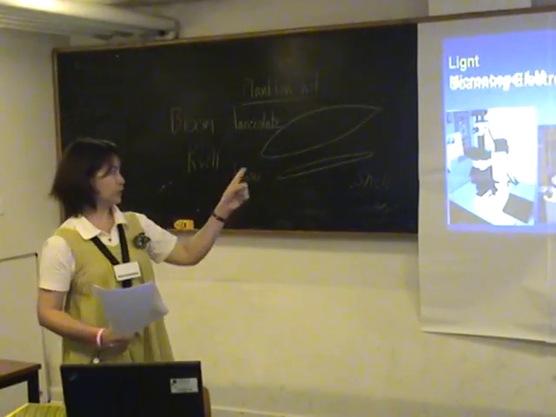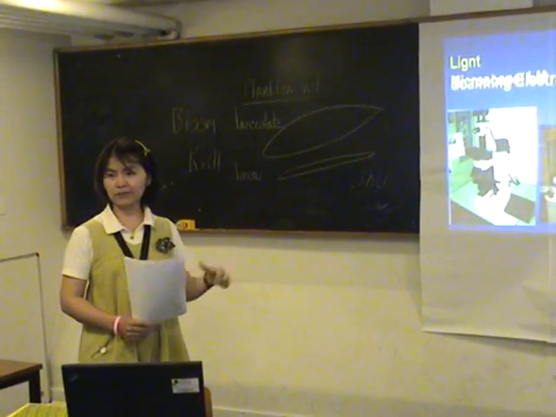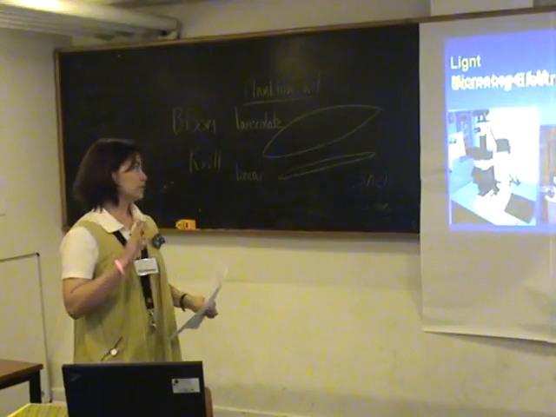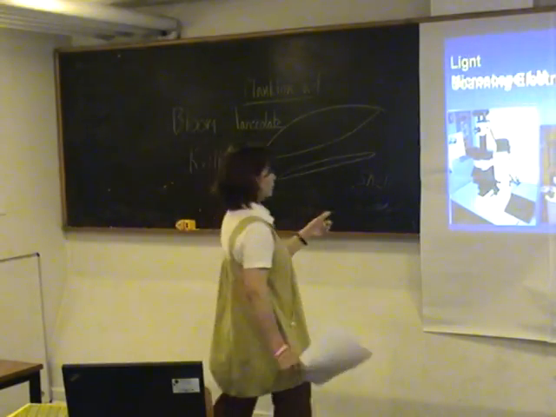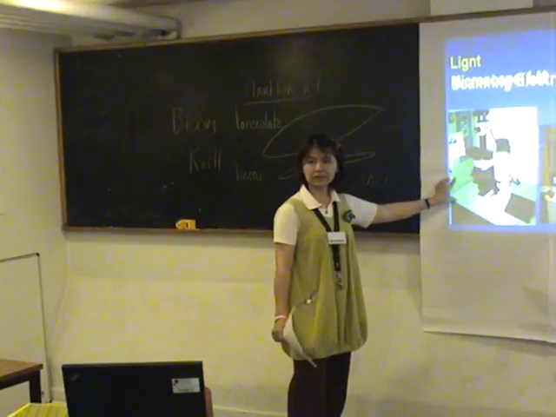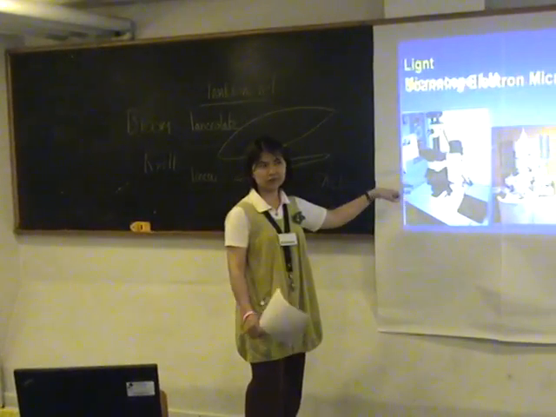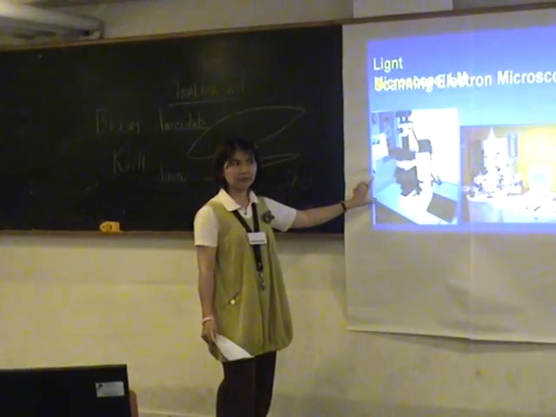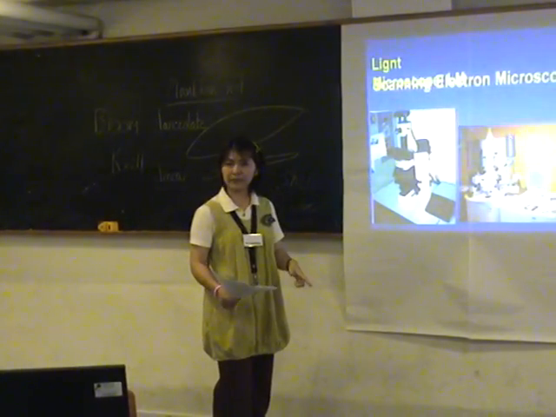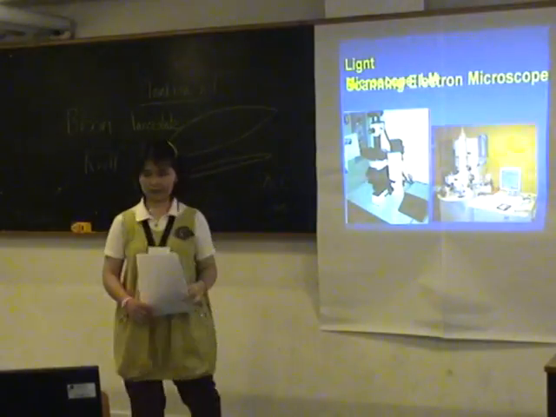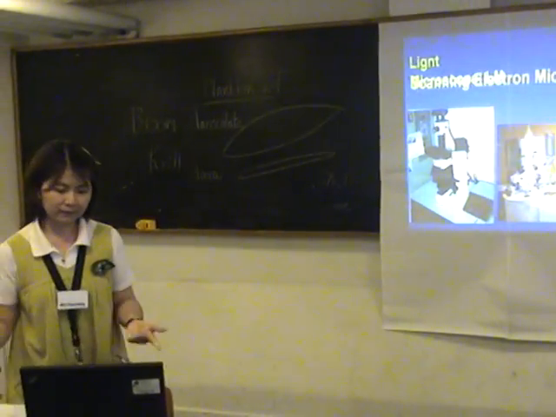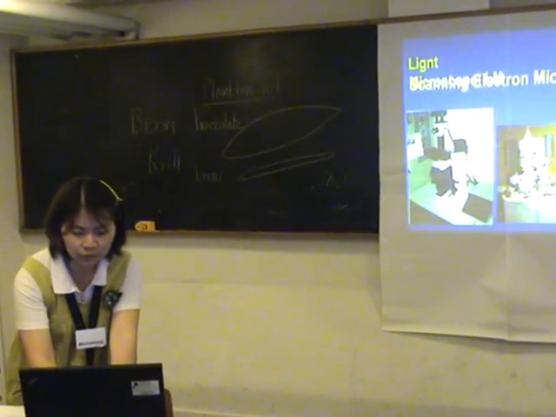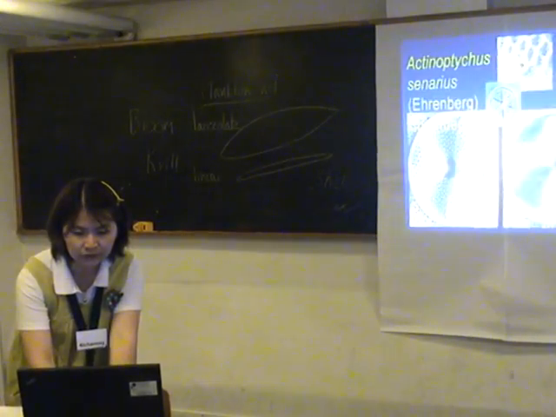Some species you can study with only this one if you have a reference picture, because some diatoms have very big cells. But scanning is very expensive to use, though now it's very important.